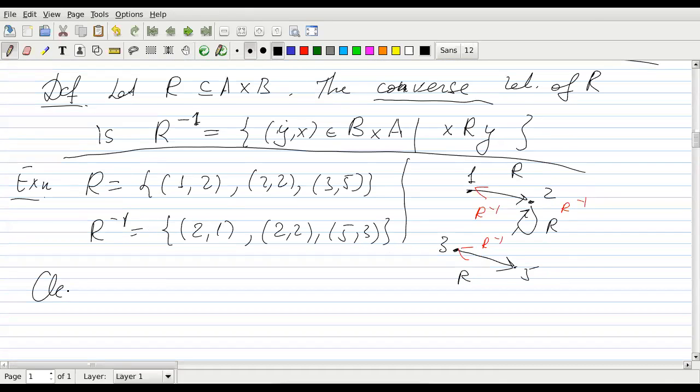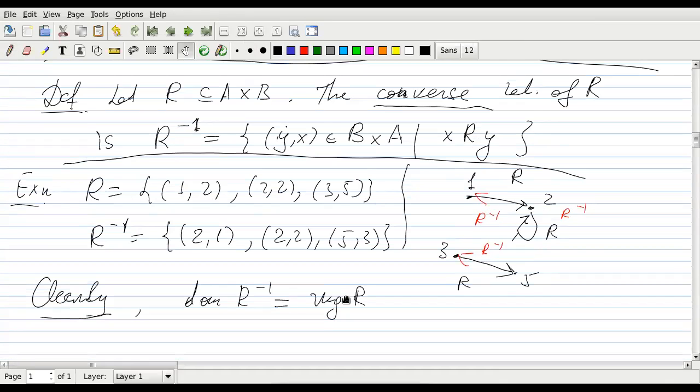By the way, what is the domain of the converse relation? What are the ends of our arrows? It is the range of R. The range of R, of course.